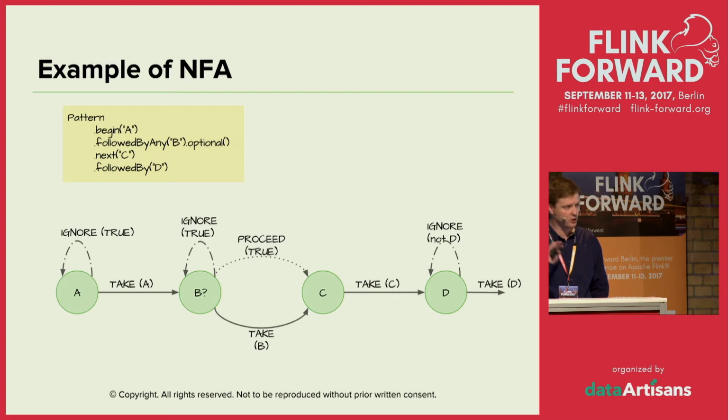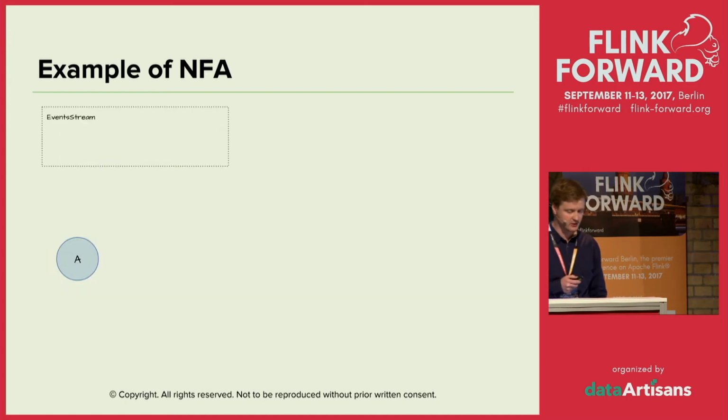So such a pattern will be translated into such an automaton. I won't go into details of how the compilation works, because it is a really complex topic, but I will show you how, in this case, processing of an example stream will look. The processing is based on so-called computation states.